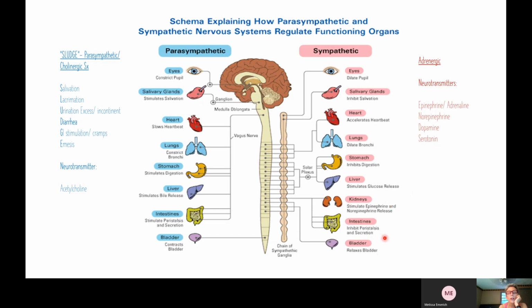The intestines are inhibited. There's not a whole lot going on there because the focus is not eating or GI stuff. And then the bladder somewhat relaxes, all right? So you just gotta watch out. The bladder can be sort of quizzical as to whether it's going to drop some urine or not.